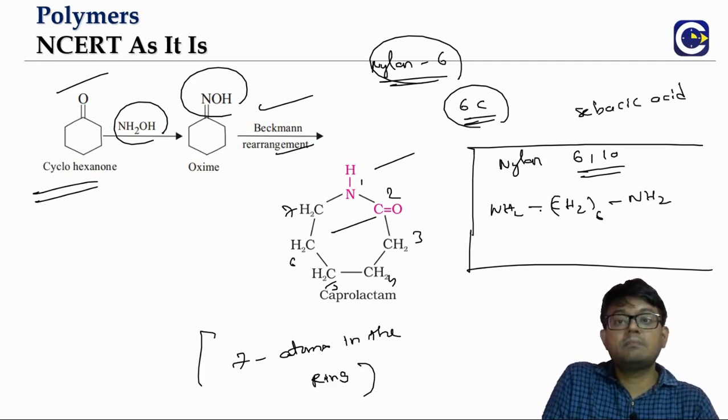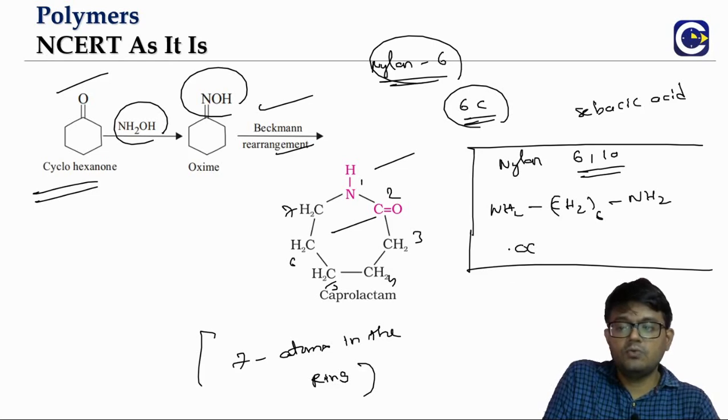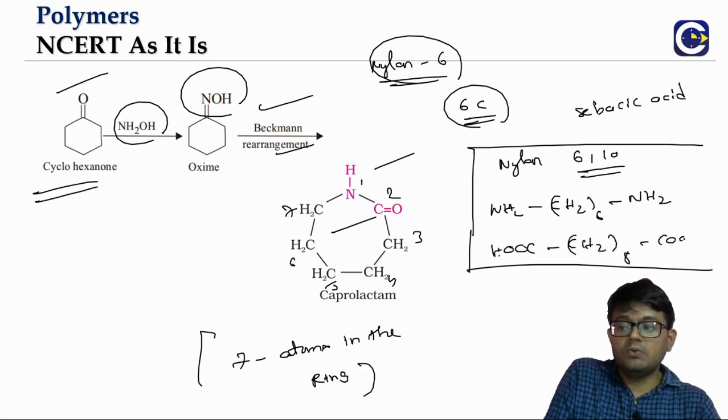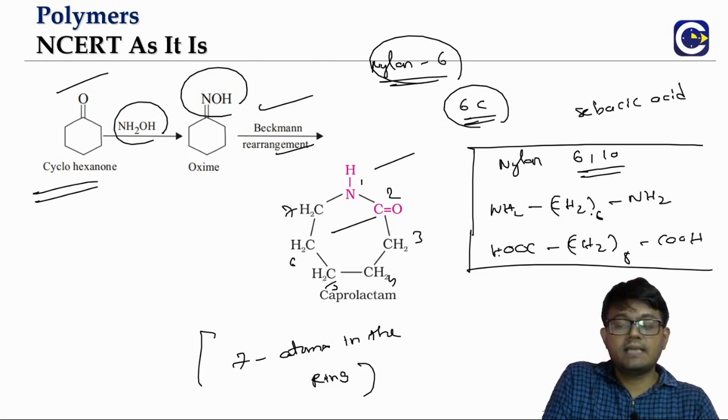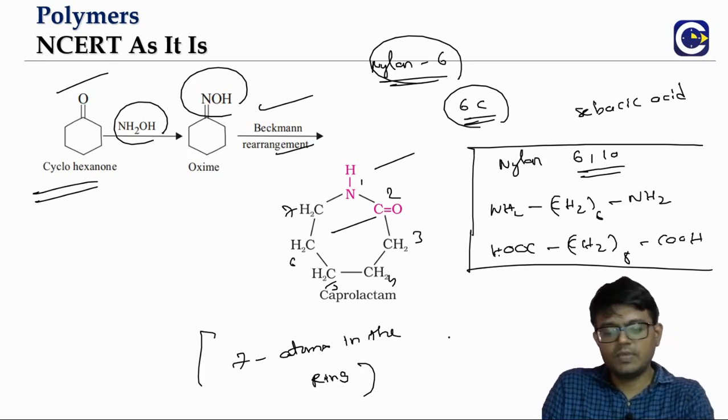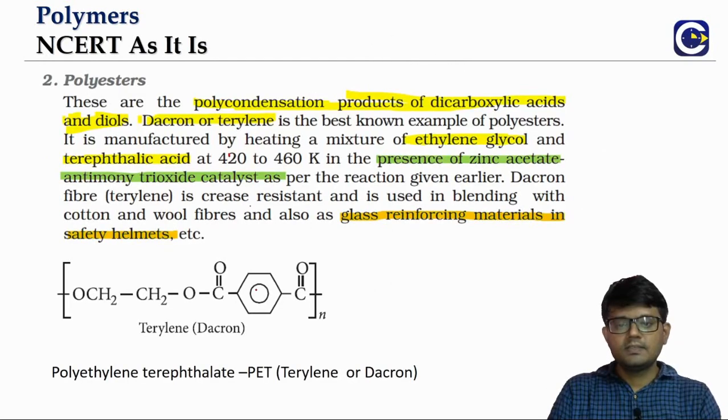Sebacic acid is a 10-carbon dicarboxylic acid, COOH CH2 8 times COOH. You see, one is having 6 carbons, hexamethylene diamine. Sebacic acid is having what? 10 carbons. That is why it is called nylon 6,10. Okay, that is how the nomenclature actually comes. Just make a note of it.